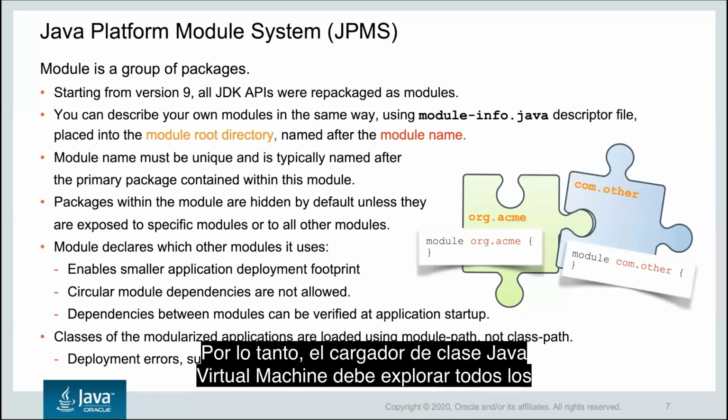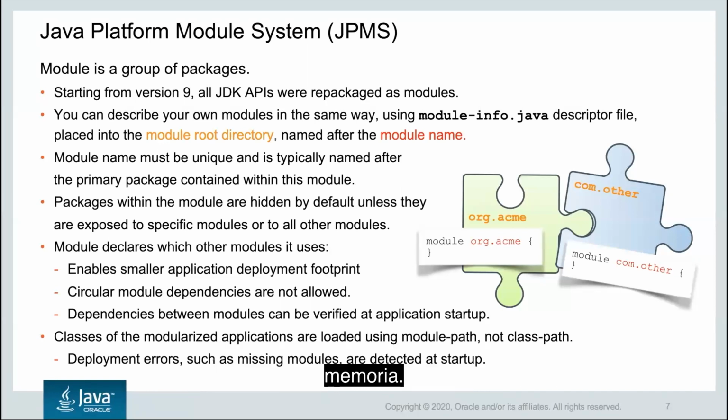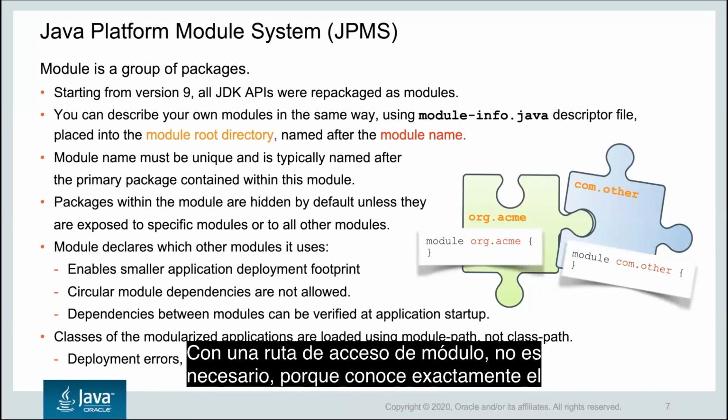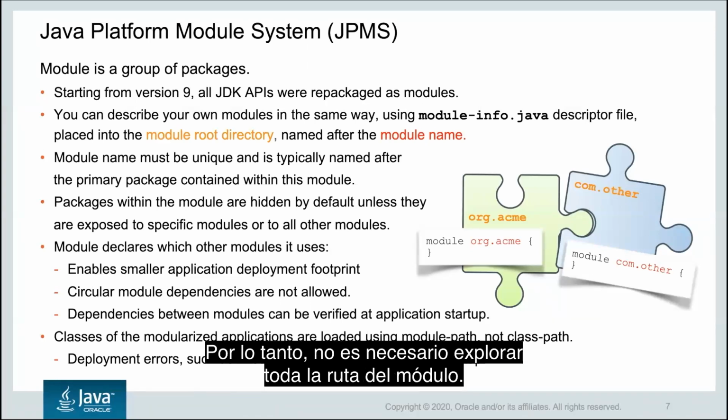So the Java virtual machine class loader would have to scan all the archives in a class path to find the class and load it to memory. With a module path, it doesn't need to, because it knows exactly which module the class is in. So it doesn't need to scan the entire module path.